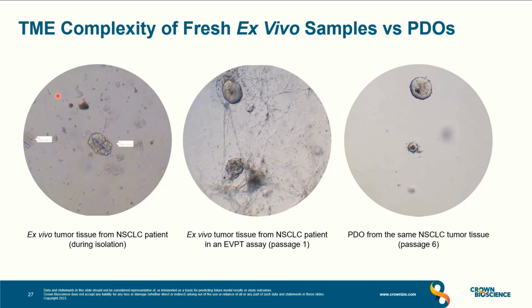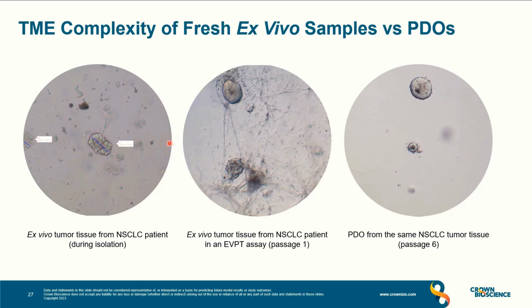It contains tumor clusters of, as I mentioned before, 100 to 100 micrometers in size and a lot of released supporting cells. When the sample was seeded in a hydrogel in our EVPT assay, we can see a rich representation of the TME, tumor clusters, elongated cells similar to cancer-associated fibroblasts, and multiple single immune cells.